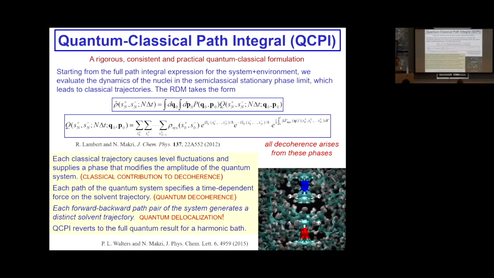We're taking a superposition to show that the atoms have evolved to a different position along each trajectory, following a different path of the system. So you see that this leads to a form of quantum delocalization in a solvent that is treated by classical trajectories. Again, that's a manifestation of non-locality that spills over from a quantum system to the classical solvent. The effect is maximized in the vicinity of the electron transfer pair, the quantum system. All right, that's QCPI.